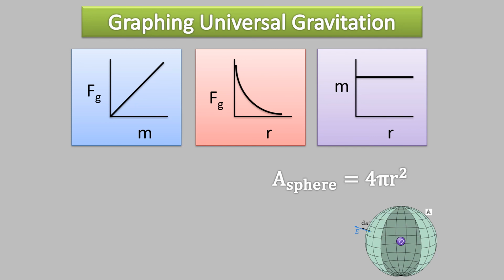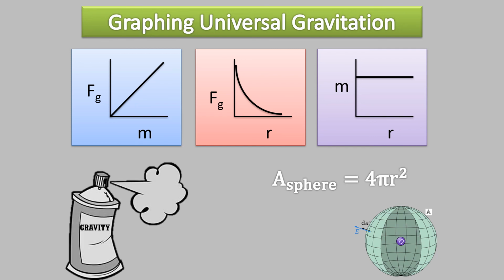And yeah, so if you think of it like gravity is a spray can, like spray paint, right? The closer the paper is, like if it's a really small diameter here, let's draw it like this. If it's a really small diameter, then this is going to be very concentrated. But as you go out, it's not as concentrated anymore.